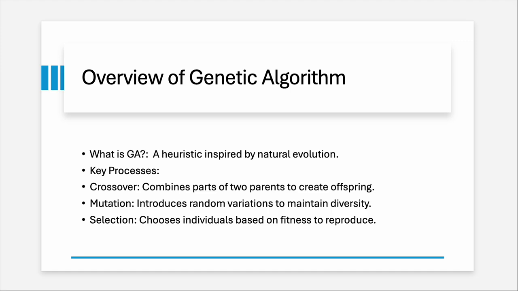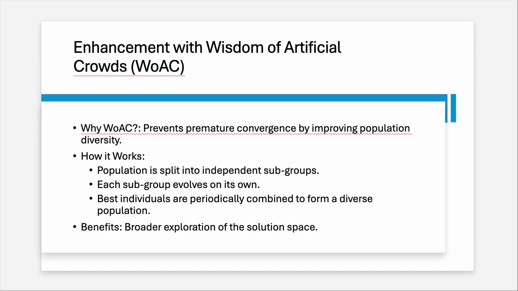Crossover takes these selected individuals and combines their genetic traits to create offspring, ideally inheriting the best aspects of both parents. Mutation is used to introduce random variations, maintaining genetic diversity and allowing the algorithm to explore new solutions. Together, these processes guide the search for the shortest path in the Hamiltonian path problem.